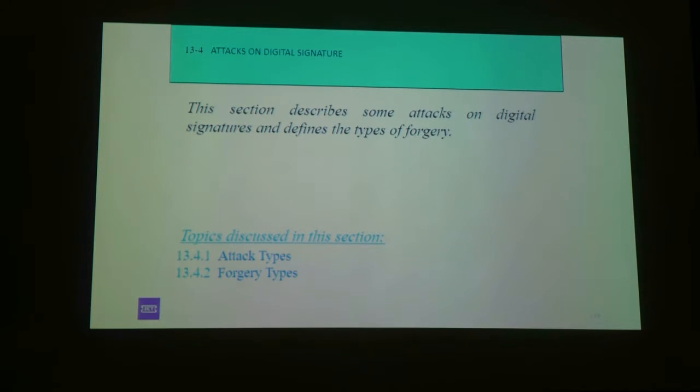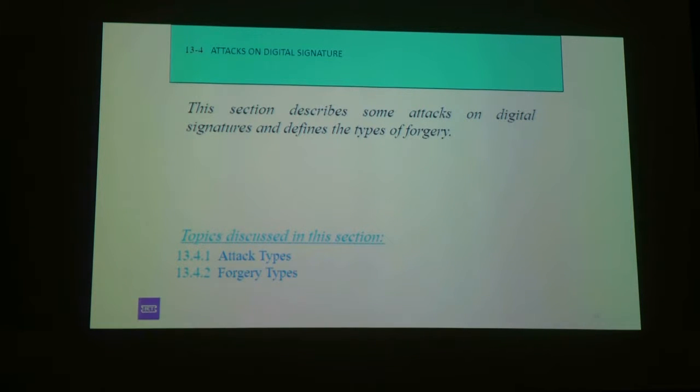All right. So, attacks on digital signatures. There are attacks and forgery types. Remember, from the second chapter we covered different kinds of attacks, and they depend on the information you have: a key only, or a key and a message, or two keys and two messages.